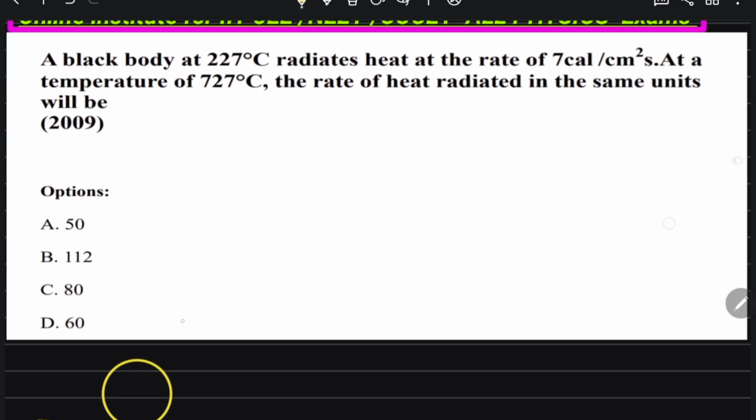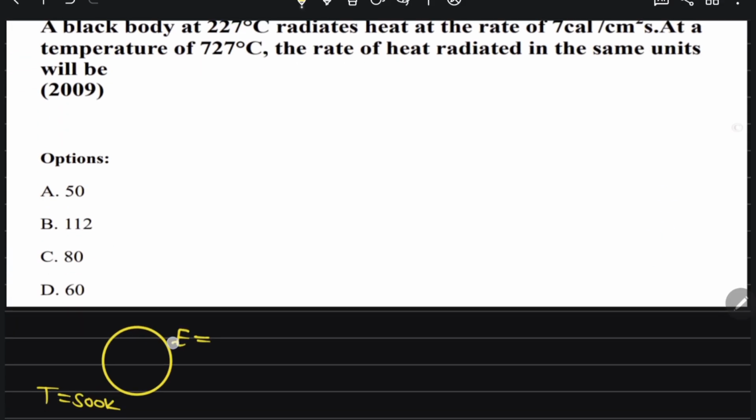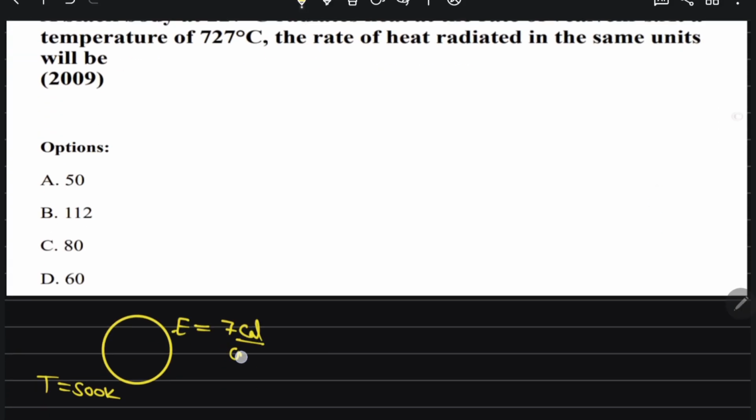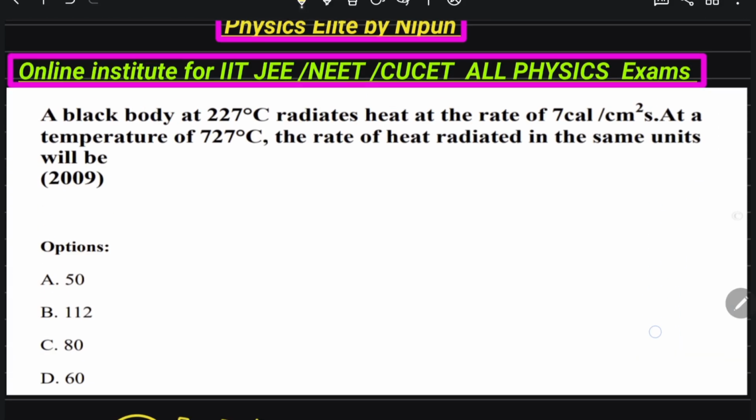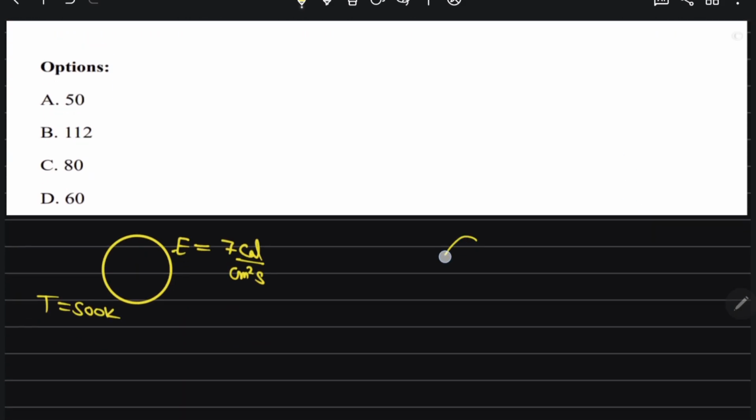They have given you energy per unit time per unit area, actually intensity, 7 calorie per centimeter square per second. At a temperature of 727 degrees Celsius, means 1000 Kelvin, what is the heat flow?